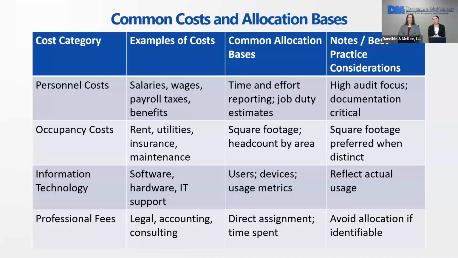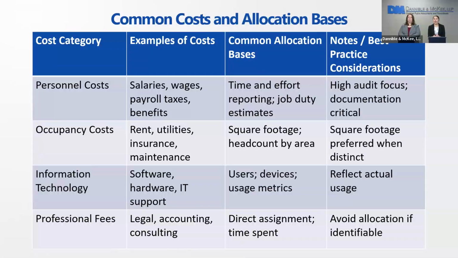Information technology might include software, hardware, IT support. So how do you allocate those? Maybe you do it based on users, number of devices, usage metrics. Your allocation base is really going to be based on your cost driver. Are you paying for software per user, by the hour?